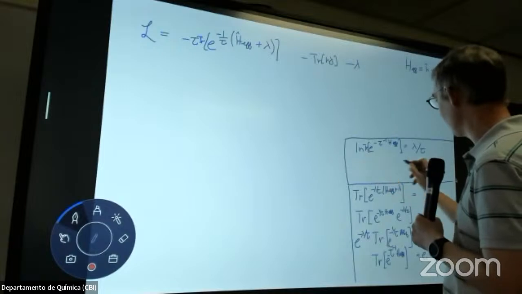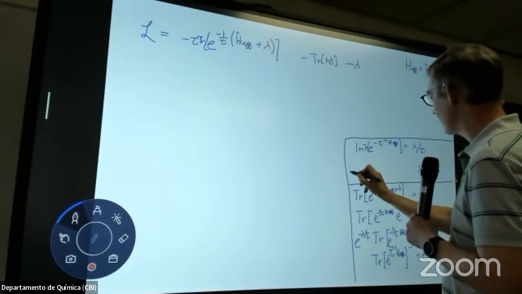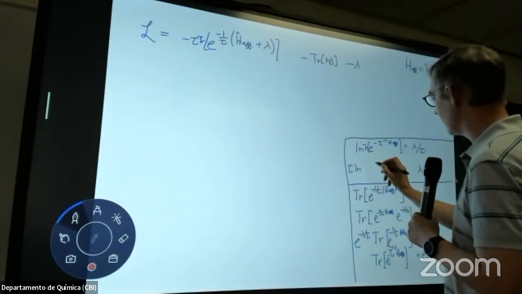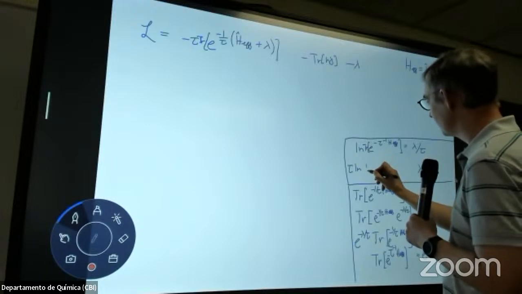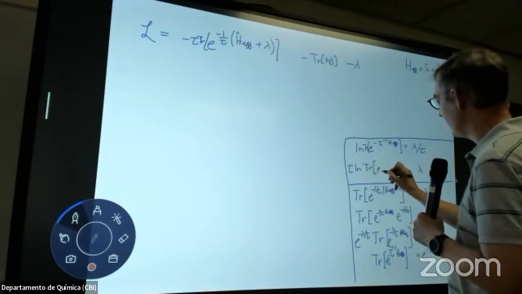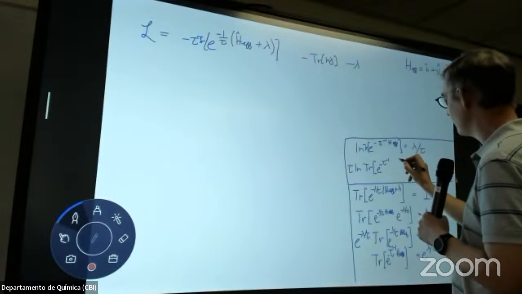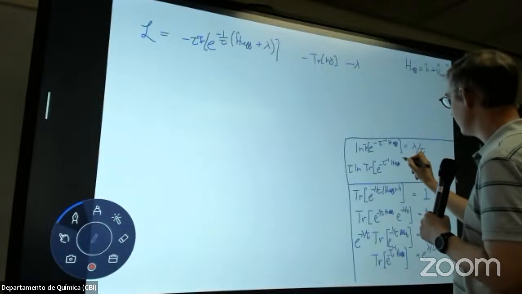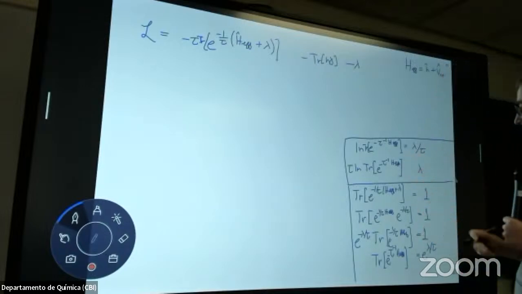And so now I can write an expression for lambda: tau log trace e to the minus tau to the minus 1 times h effective. Okay.